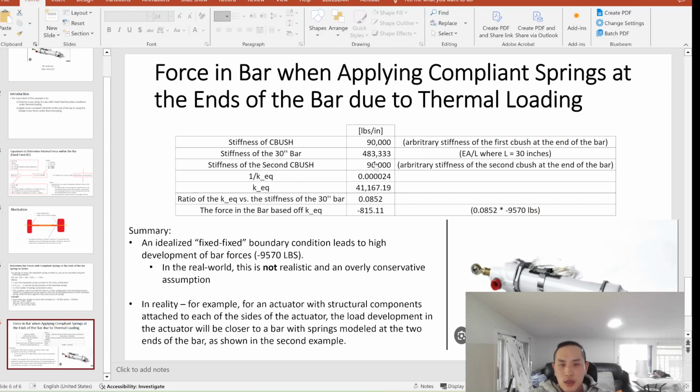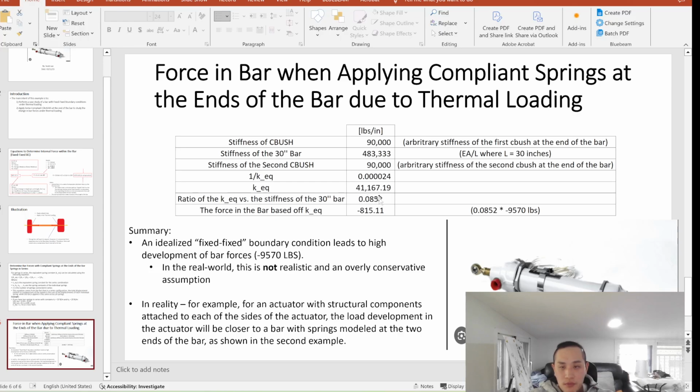So essentially, we're seeing a significant decrease in the overall stiffness of the entire system when we add those compliant springs, which makes sense, right? And when we take the ratio of this KEQ versus the stiffness of the bar, 41,000 divided by 483,000, that ratio is about 8.5%, or 0.085.